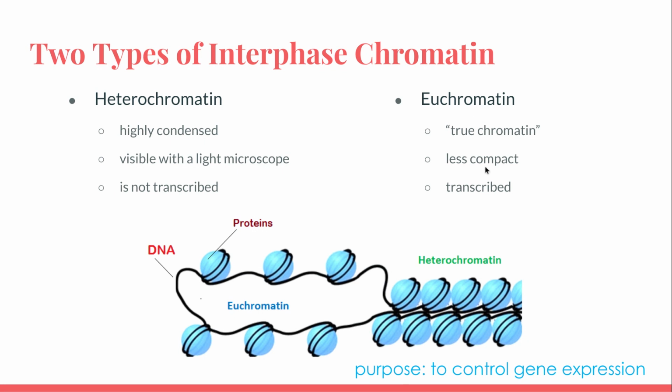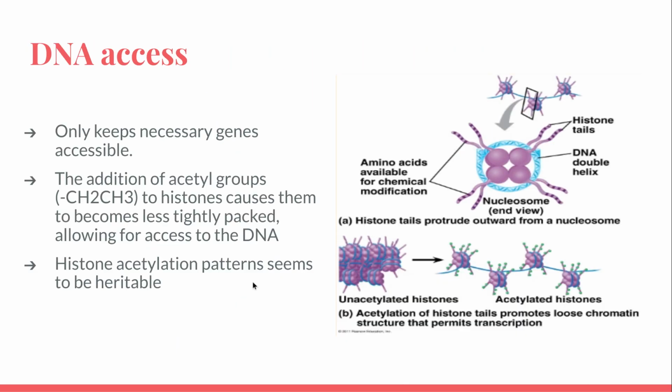Euchromatin is the less compact form of DNA, where your transcription factors can actually access your DNA, and therefore transcription can happen. And that is a good way for cells to regulate which part of the chromosome is going to be transcribed or not transcribed.